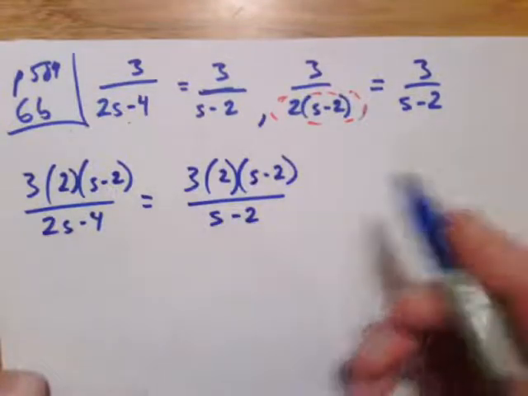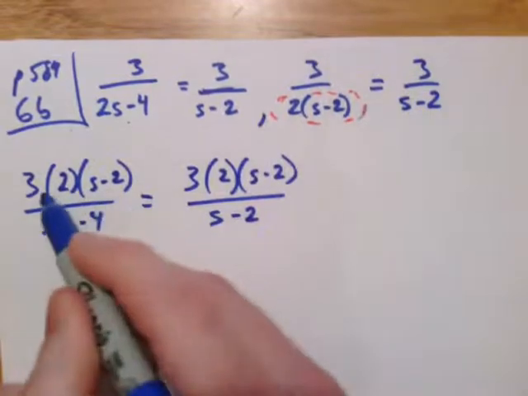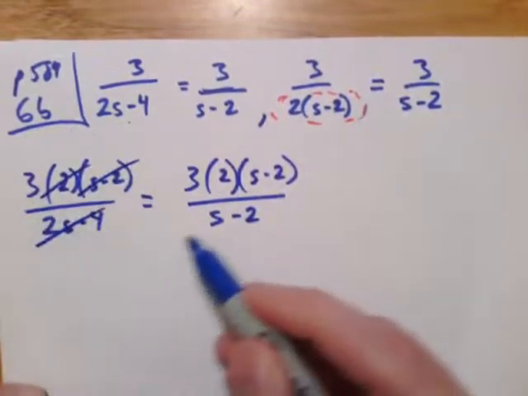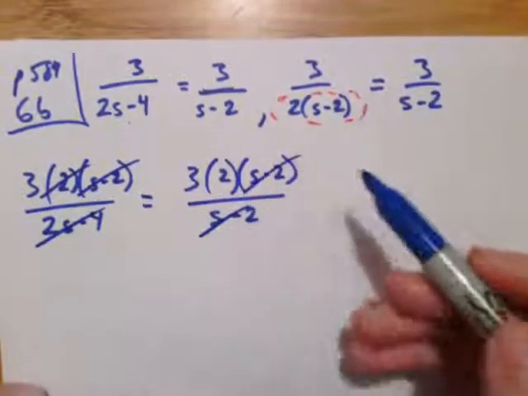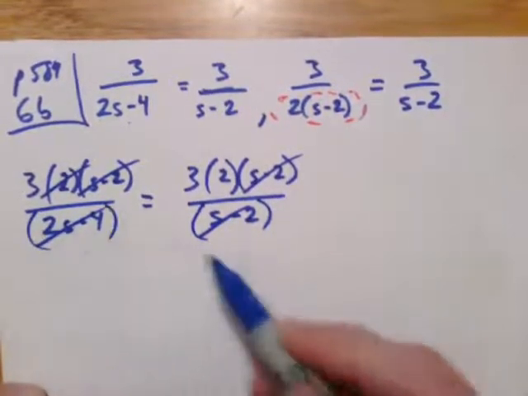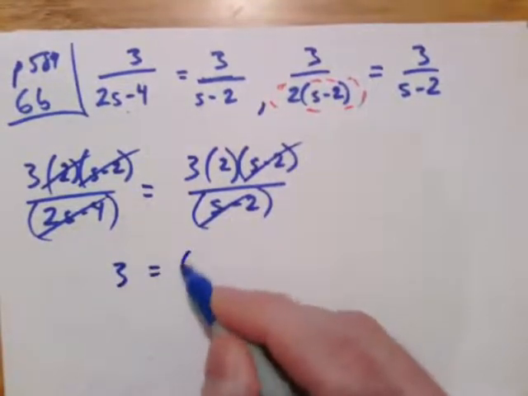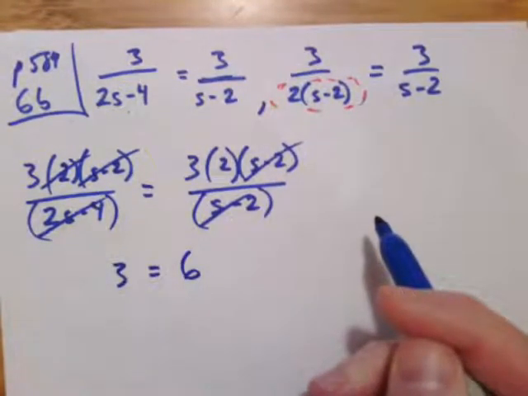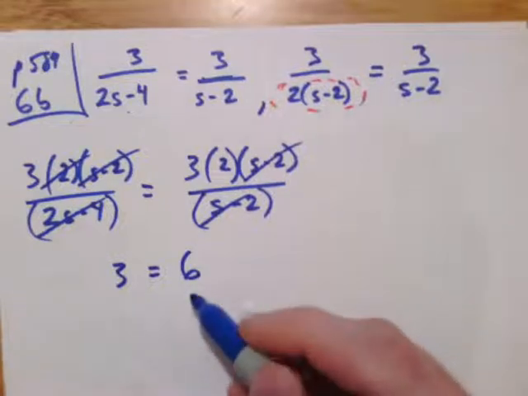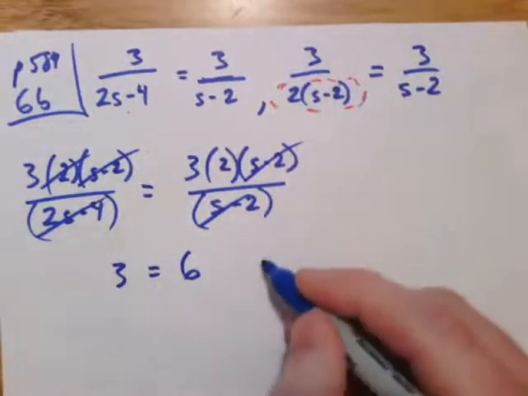Okay, so now we cancel where we can. 2 times s minus 2, we know that that was this anyway, so we're just left with 3. Over on this side, it's just the s minus 2's. Put those brackets around if it makes you feel better about canceling. So now we've got 3 equals 6. So what happens then? I'm glad this happened. This means there's no solution.